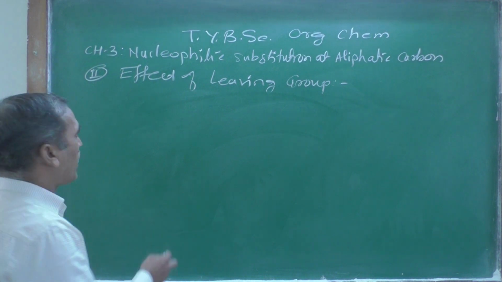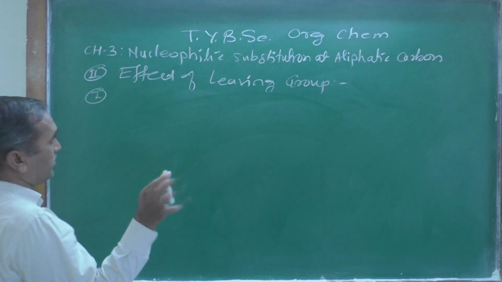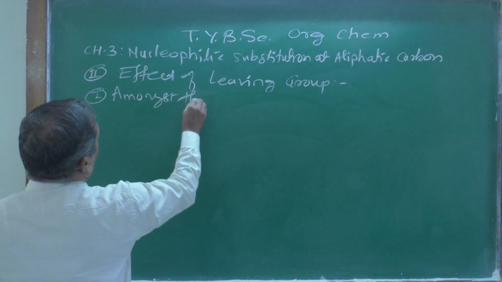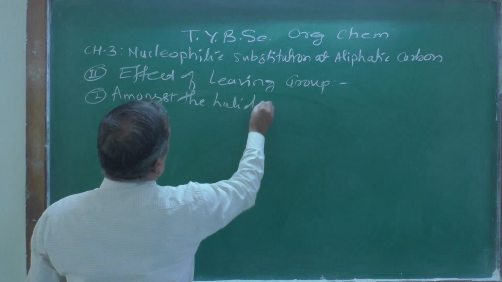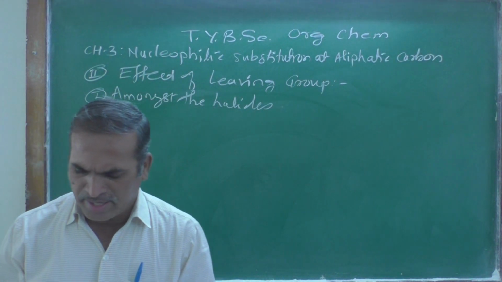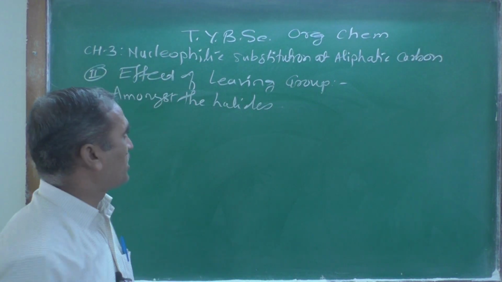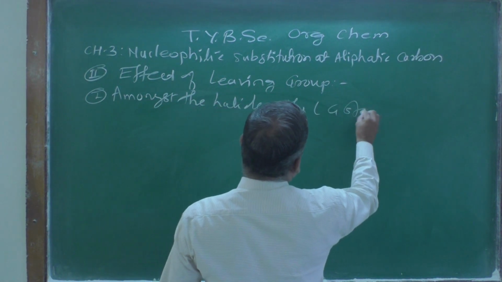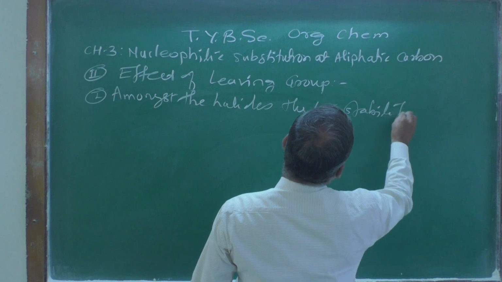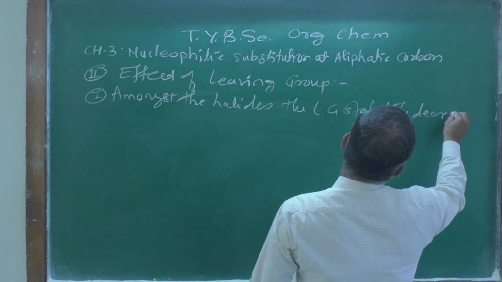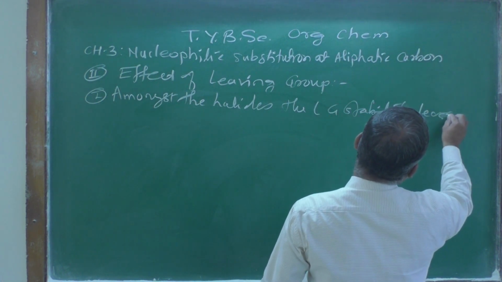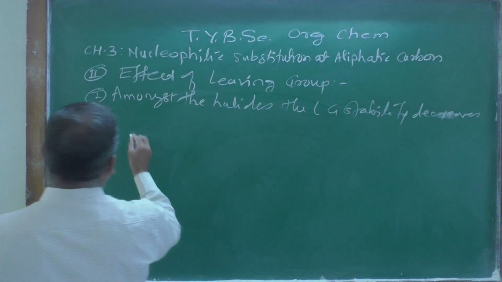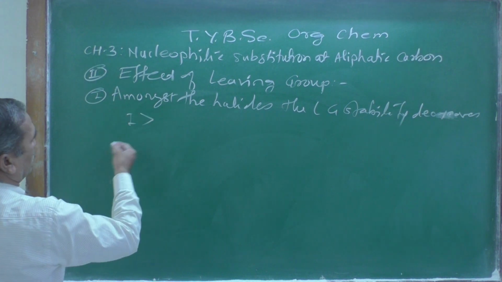First one, among the halides, the leaving group stability decreases. For example, I is better.